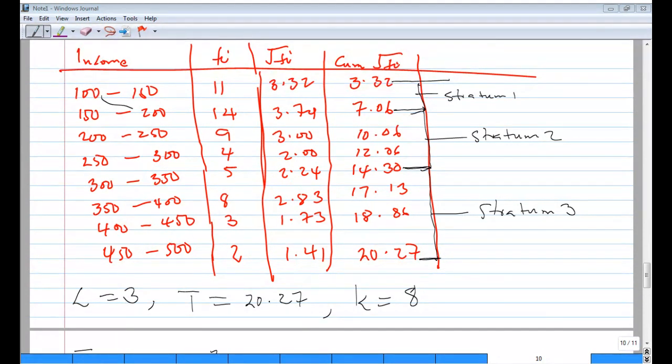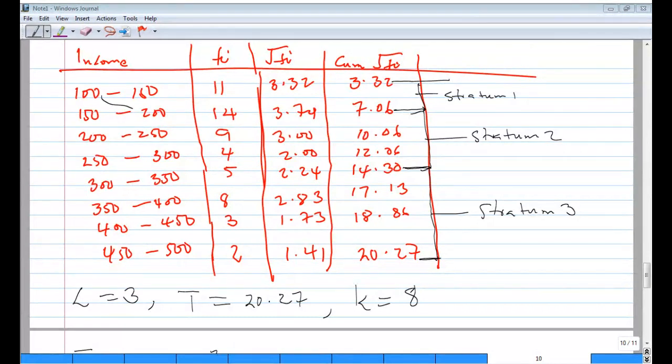Before you do anything, sometimes I can just give you the income and the frequencies. Then you find the square root of the frequency, then the cumulative square root of frequencies. That one I know you can do. So when you are done with that table, the next thing is to draw a bound.